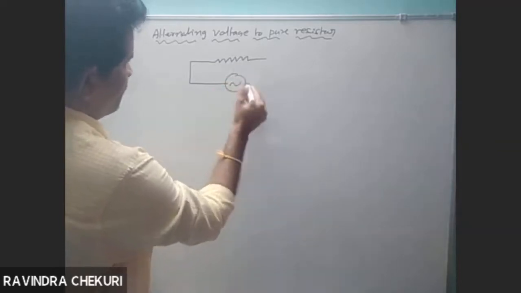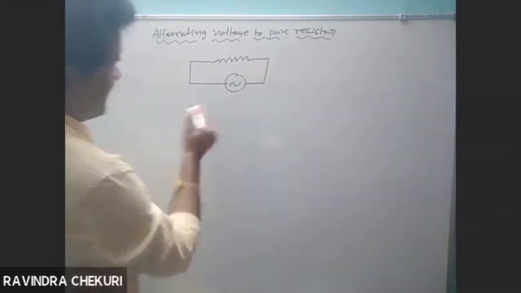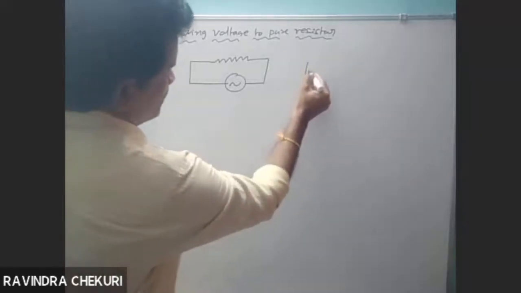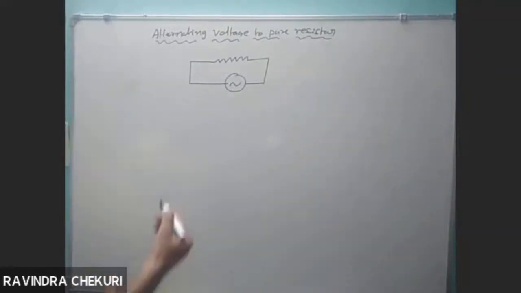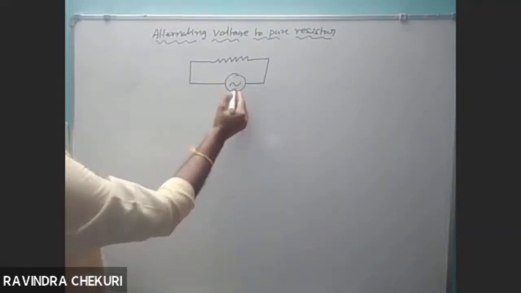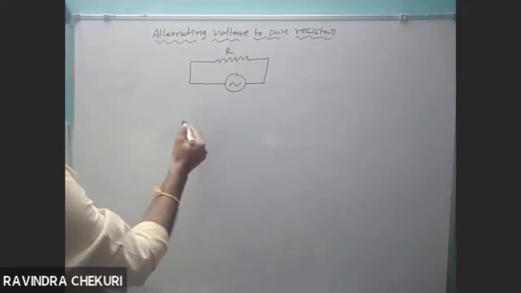This is a source of AC current. This is the symbol for the DC, and this is the symbol for the AC. So an AC source is connected to the pure resistor.